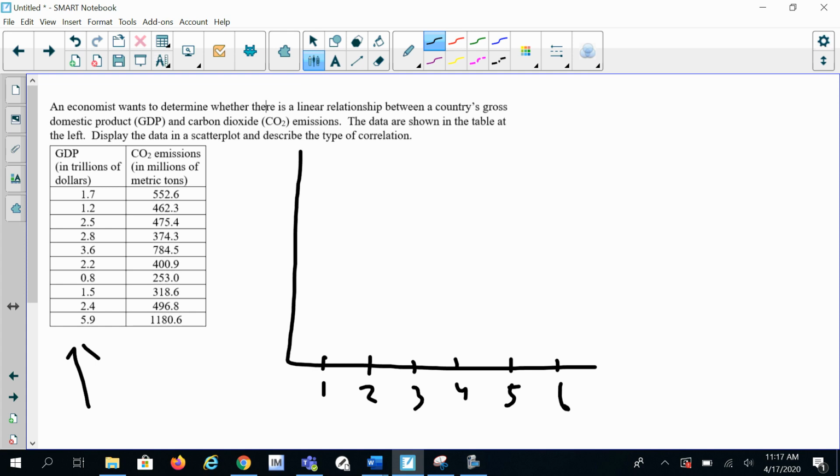And then for Y's, I'm starting at 253 and going to 1,180. So maybe go by 100s. I'm not going to write every number here just because it's really hard for me to.